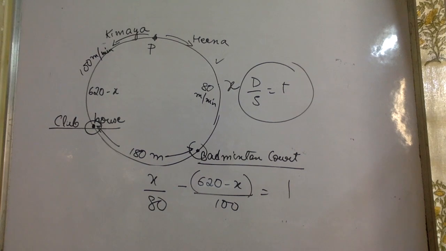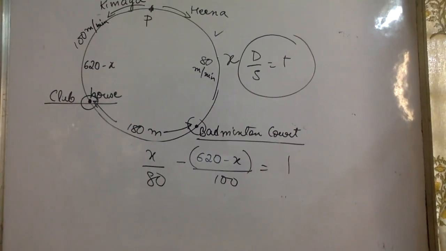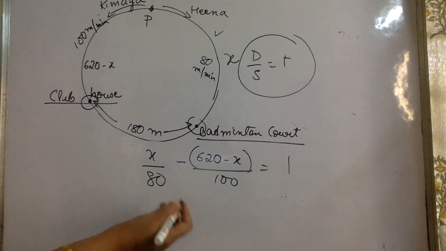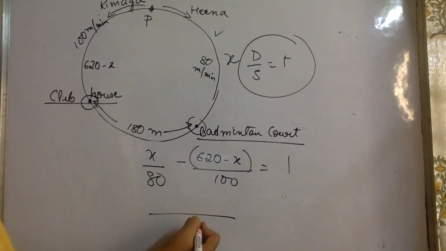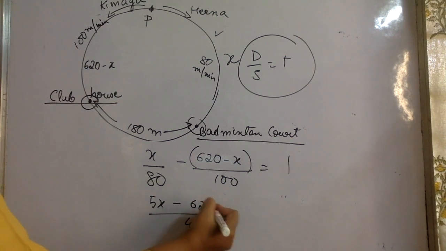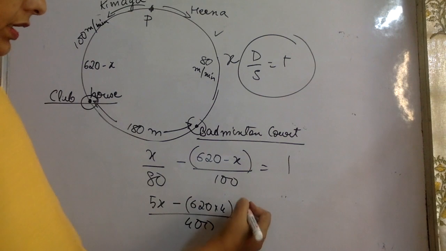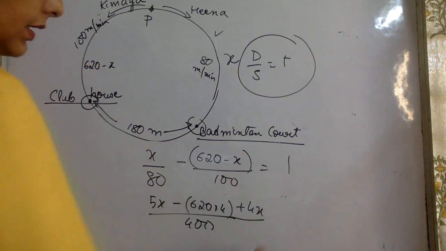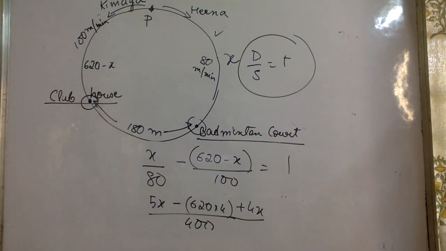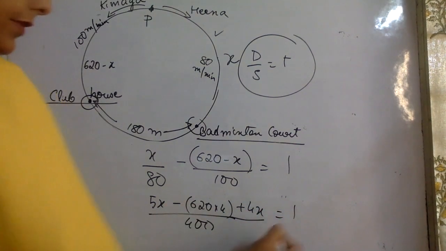Here the LCM is 400 for 80 and 100, isn't it? So LCM is 400. Now this becomes 5x minus 620 into 4, and minus into minus plus 4x, equal to 1.